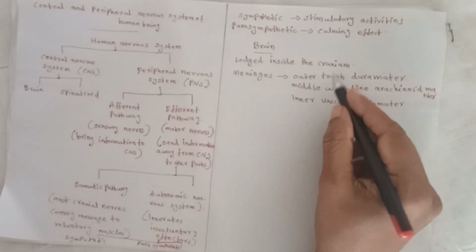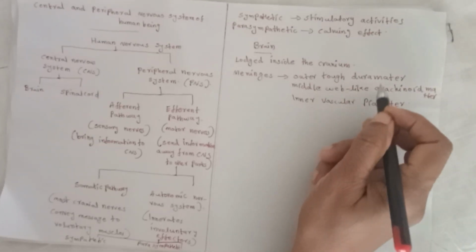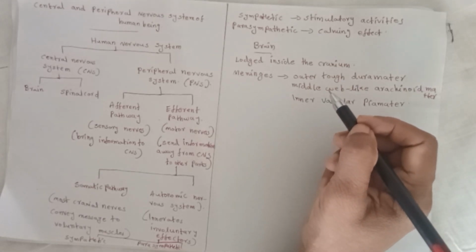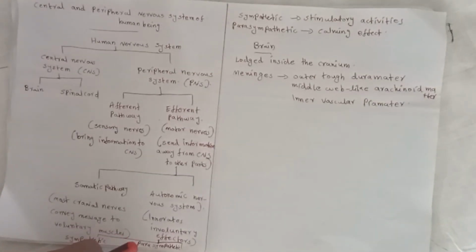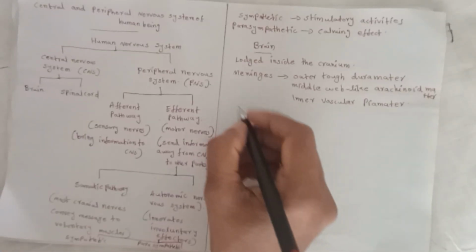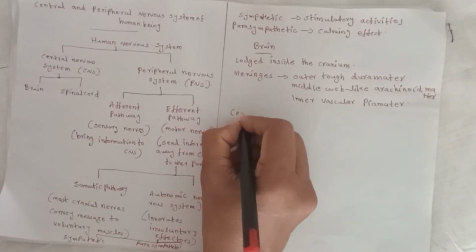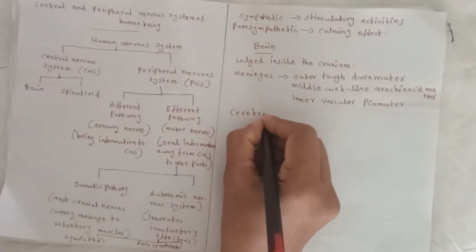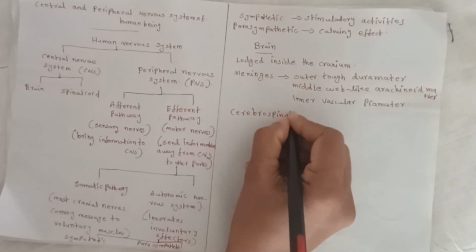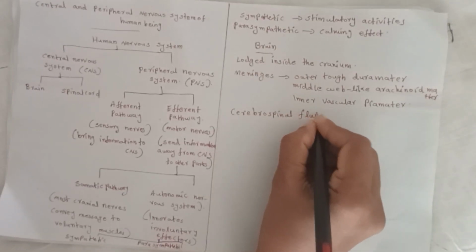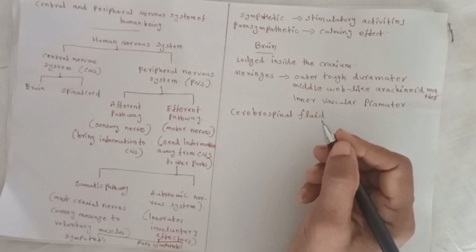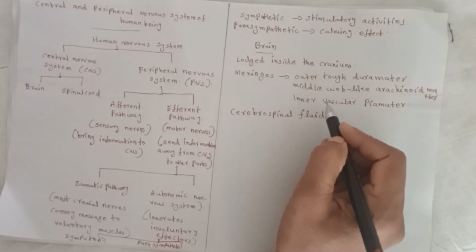These are the 3 layers of meninges that protect the brain. The cerebrospinal fluid, that is meningeal fluid, is filled in between these meningeal layers.